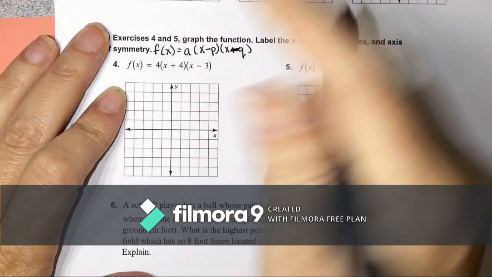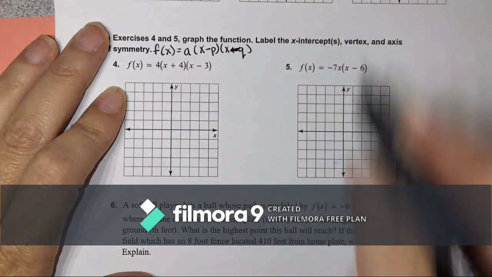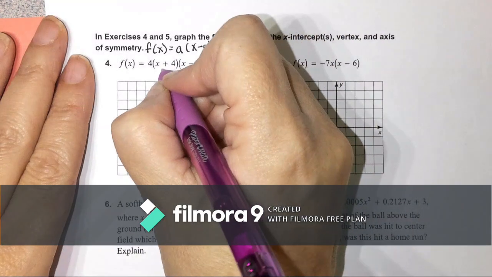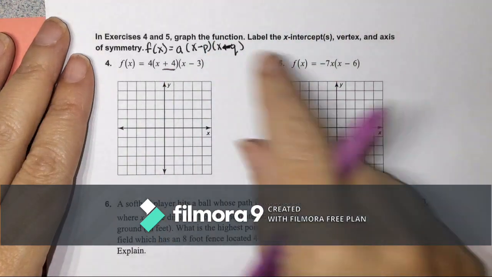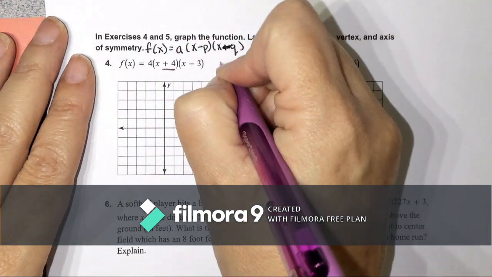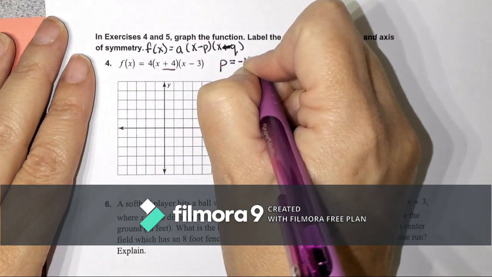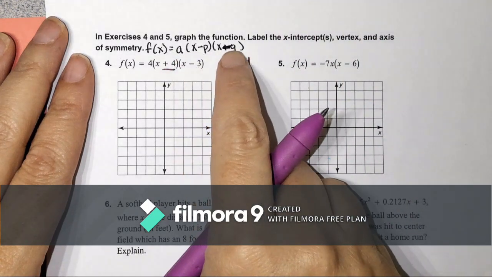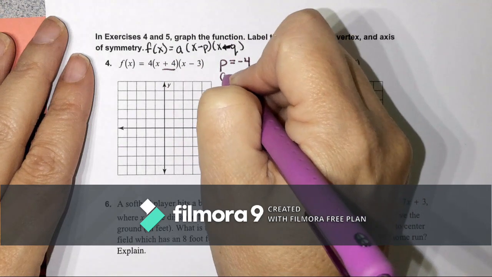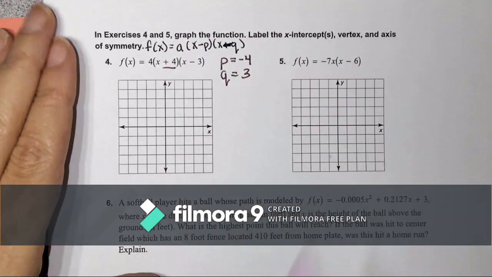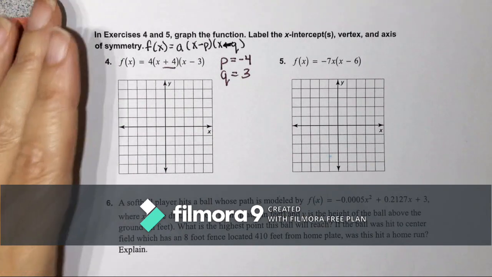I was looking at that because I wanted to emphasize it and it made me write the wrong thing. So that's supposed to be a minus. We have here plus 4. Since it's minus p, the only way we can get plus 4 is if p is equal to negative 4. Since it's minus 3 and this is minus q, q is equal to 3. So it's the opposite of what's inside the parentheses.